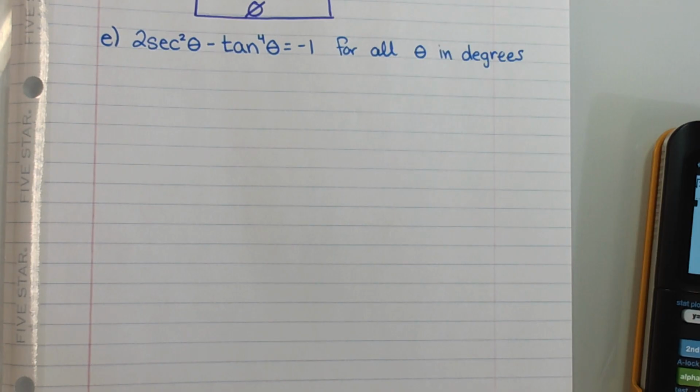Secant squared minus tangent to the 4th is equal to -1. Thoughts? Can I just change what? You can switch to sines and cosines. I would not have advised that direction.